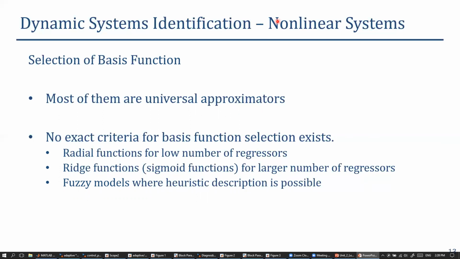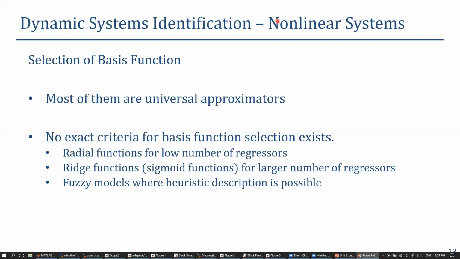There are no exact criteria for selection of the functions, but practice has shown that radial basis functions are useful for a low number of regressors, while sigmoid functions, that means the multi-layer perceptron, are better for a larger number of regressors.